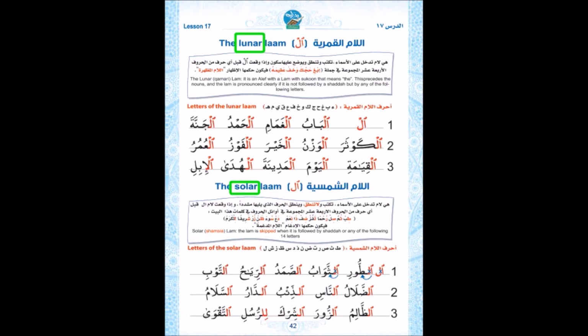For older students, we will introduce this concept with the phrase that separates the letters that come after the lam and can help us identify it as either lunar or solar. So, ibghi hajjaka wa khaf aqimahu for older students. Each one of these letters, if it comes after the alif lam, we pronounce the lam.